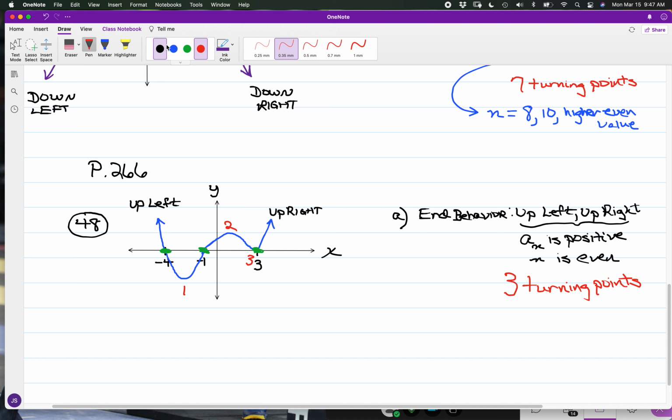And here the problem is asking for the minimum degree. So in this case, n is even, and the minimum value n is going to be greater than the number of turning points, so the minimum even value greater than 3 is going to be 4.